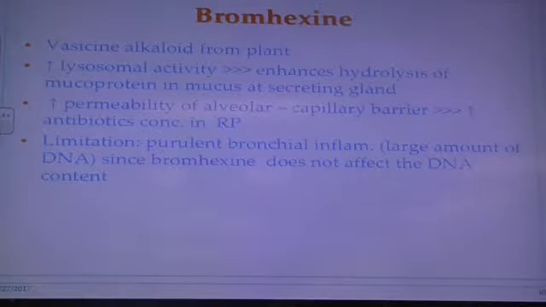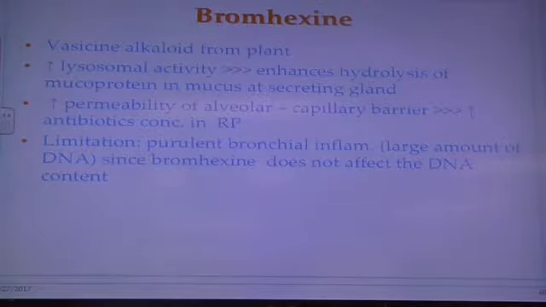Bromhexine is made from a plant alkaloid and increases lysosomal activity. Once it increases the lysosomal activity, it enhances the hydrolysis of mucoprotein in the mucus. That stimulates the goblet cells to secrete more fluid, and that fluid does not have the viscosity. Once there is more fluid, the mucus is going to be less viscous.